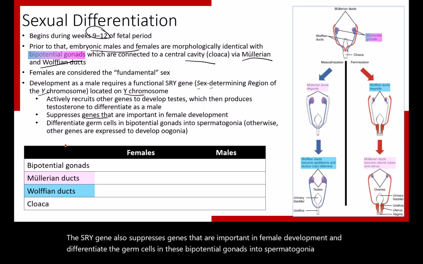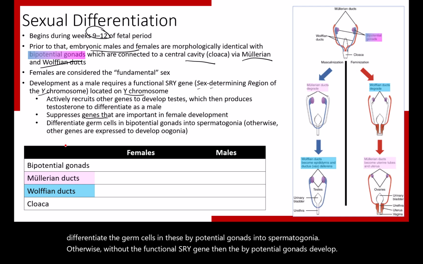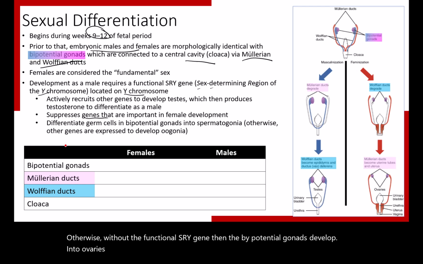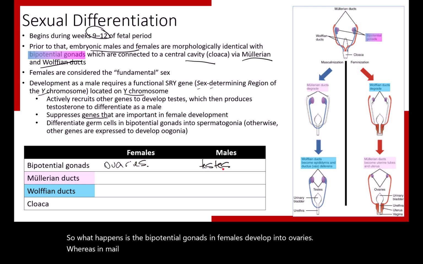Otherwise, without the functional SRY gene, the bipotential gonads develop into ovaries, which then develop oogonia or oocyte stem cells. So the bipotential gonads in females develop into ovaries, whereas in males, they develop into the testes, right?